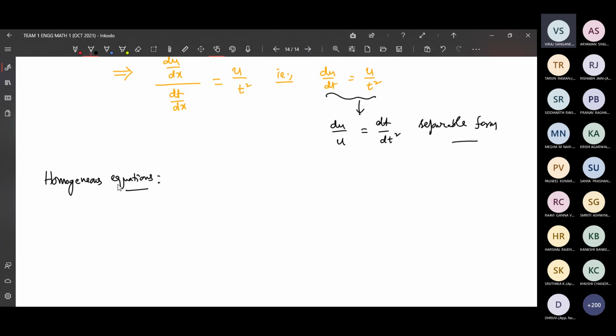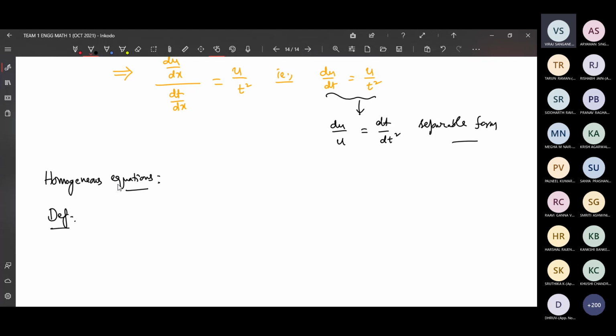So I'll give a definition, and there are various definitions for this, but I'll give just one definition and one example. Later I will show some equivalent definitions.